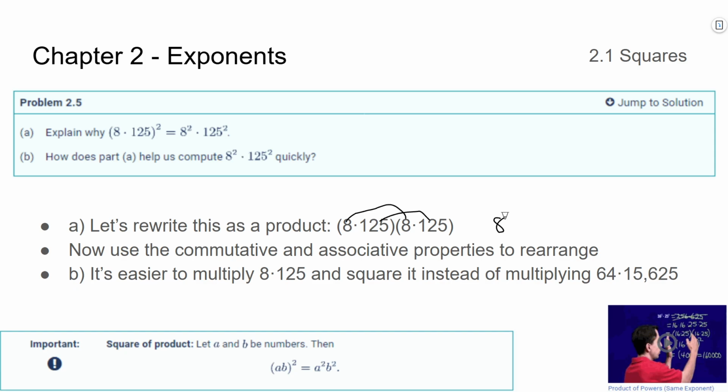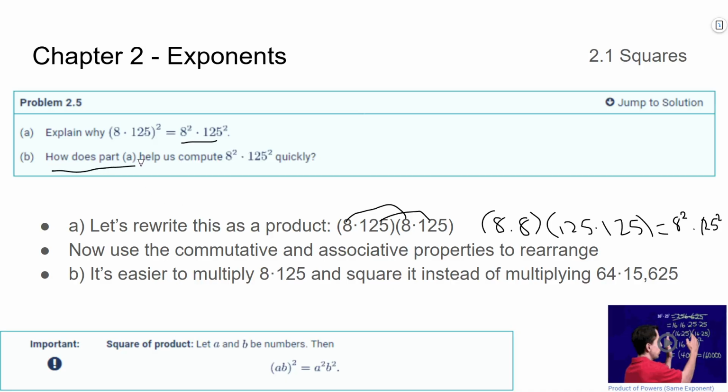So now we have 8 times 8 and 125 times 125, which of course is going to be 8 squared times 125 squared. Running out of room, but that's what we have right here. That's what we were trying to find.